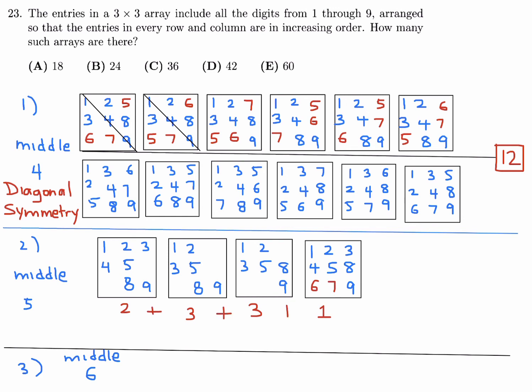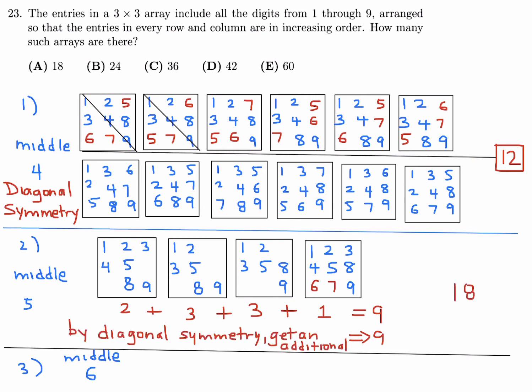So if you add these up, you get 1, 2, 3 plus 6, which is 9. And again, by diagonal symmetry, you will get an additional 9. So this scenario, you get 18.